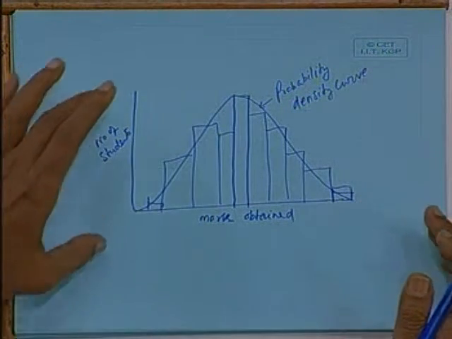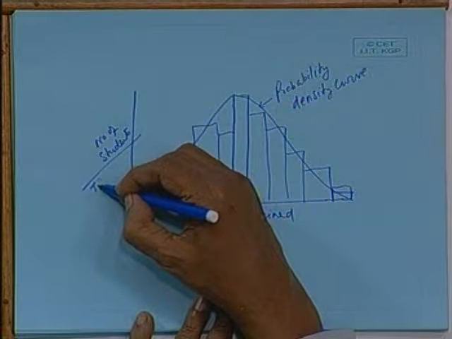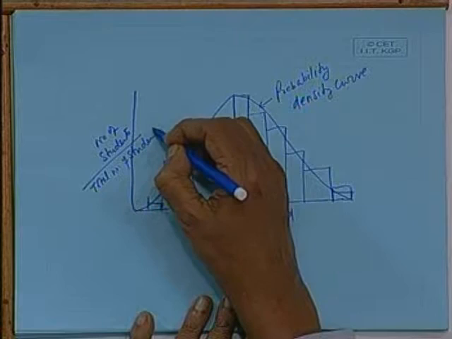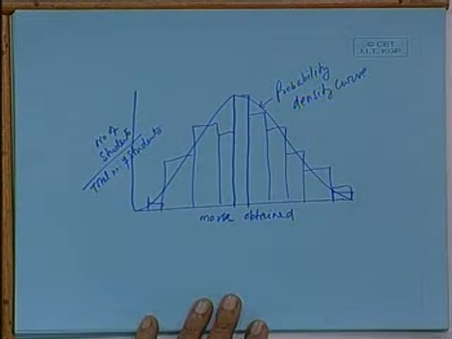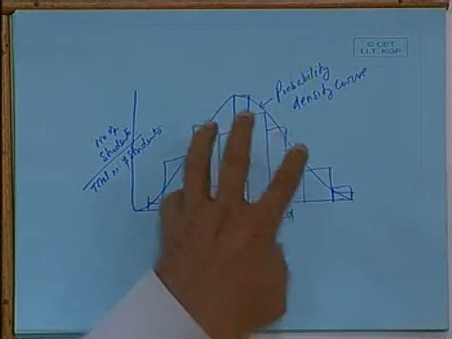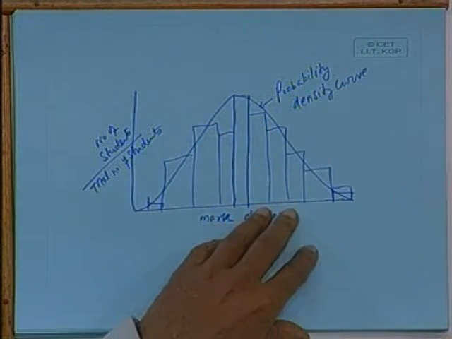How do I plot this? Number of students divided by total number of students. Okay. So, if I sum this up, the area under this will be 1.